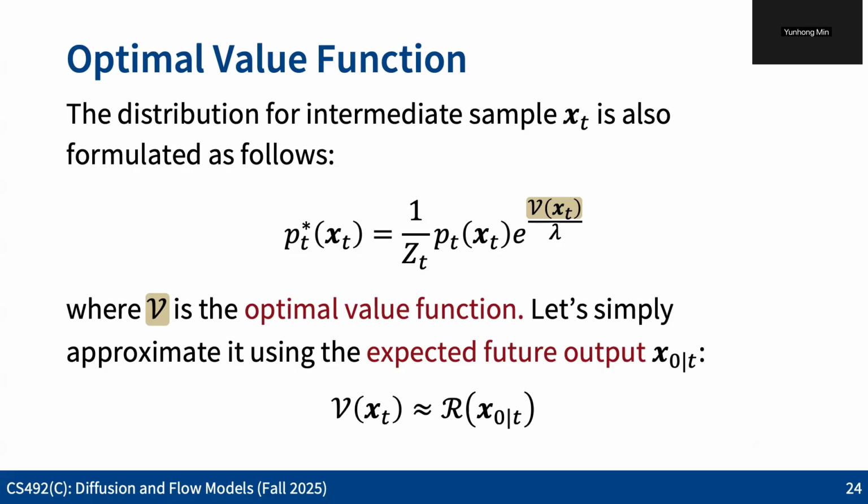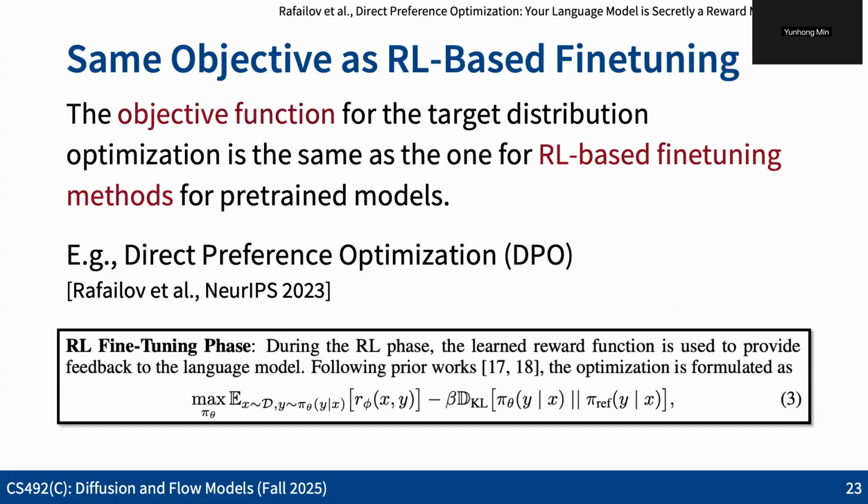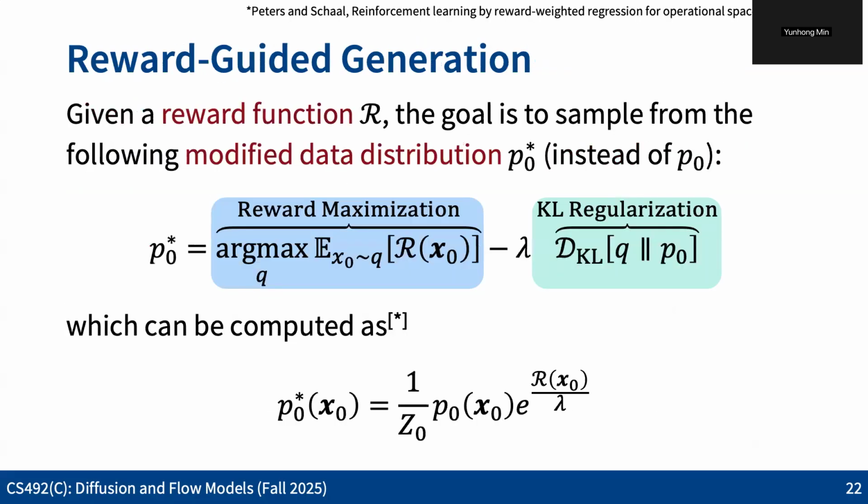If we follow what we have done for the DPS case, we are also going to have some sort of crude approximation, approximating this value function using Tweedie's formula in the reward. And you can see that this really follows how we defined the new distribution here. For the new distribution for the final output, it was the reward for the final output x0.